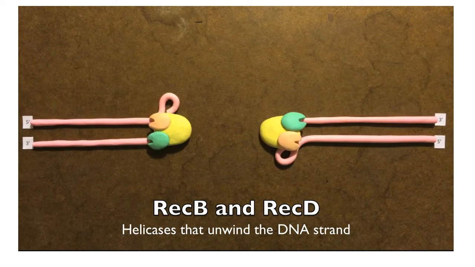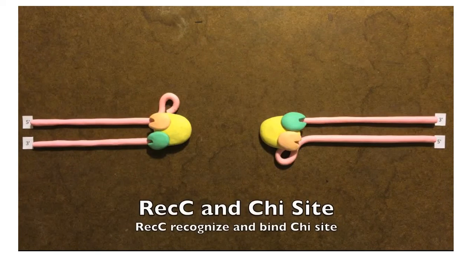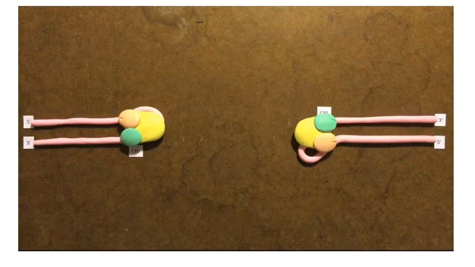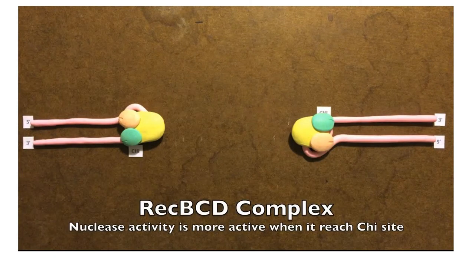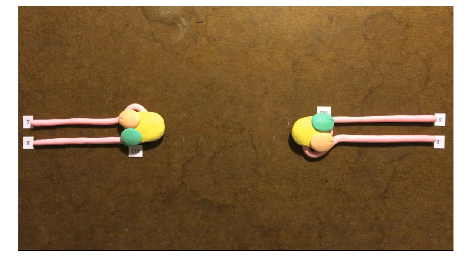RecC recognizes chi-sites and binds tightly to prevent the complex from digesting the entire 3' tails. It helps increase the digestion of 5' tails, and RecB reels the single-stranded DNA loop back in. Once RecBCD reaches the chi-sites, the nuclease activities increase.